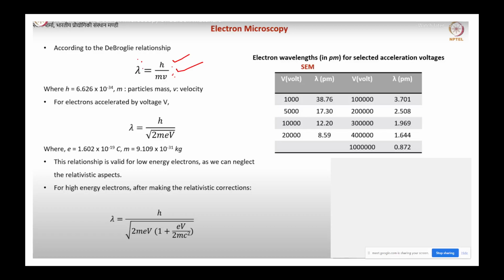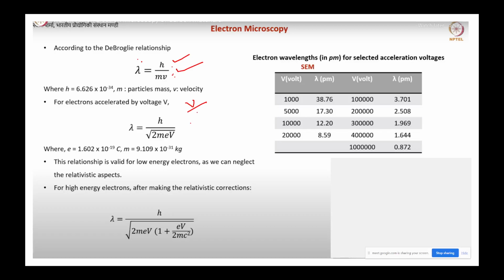For an electron accelerated by, suppose in electron microscopy we apply some voltage V, then this formula comes: lambda equals h upon root over 2 m e V. Maybe you have seen this formula in your plus 1 or plus 2.